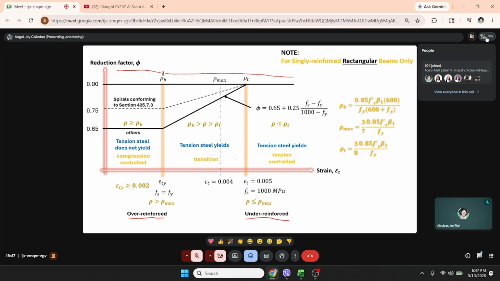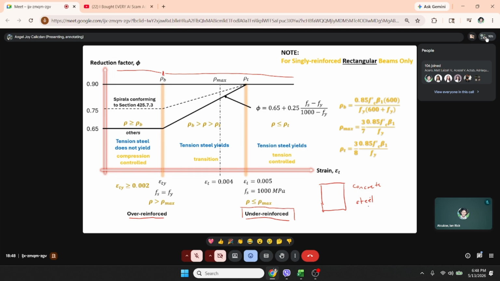Kung mag-design daw ta og beam, it's safer na dito ta sa under-reinforced. Kay ngano man? Sa ato ang beam, mainly duha ka material: ang concrete ug ang steel. Kung mag-fail imong concrete, di ba ang concrete is strong in compression, pero kung mag-fail na siya, brittle siya, so diretso siya magbungkag.